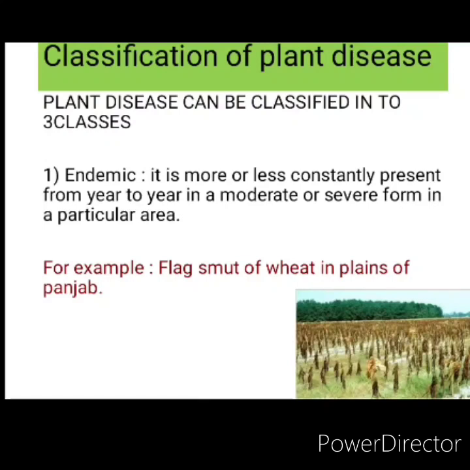It is also implied here that environmental conditions remain favorable for the development of that particular inoculum. The most common examples of endemic disease are flax smut of wheat in Punjab plain, onion smut, cabbage yellows, club root of cabbage, etc.